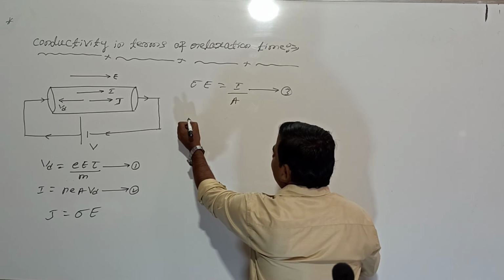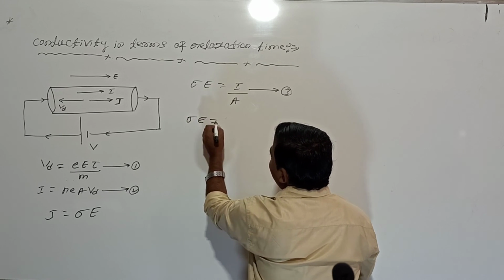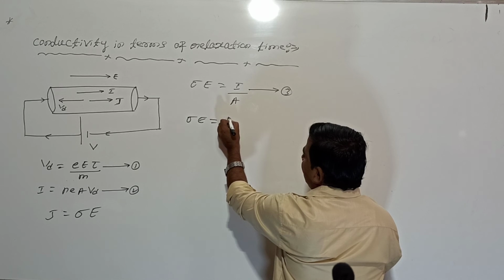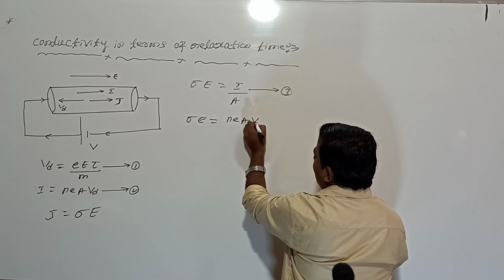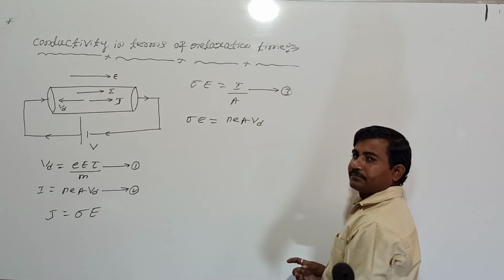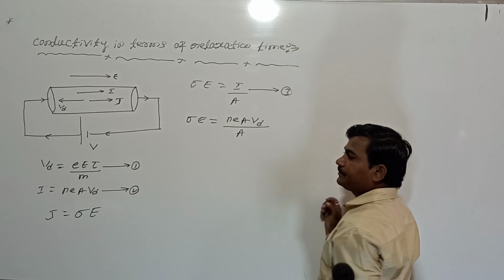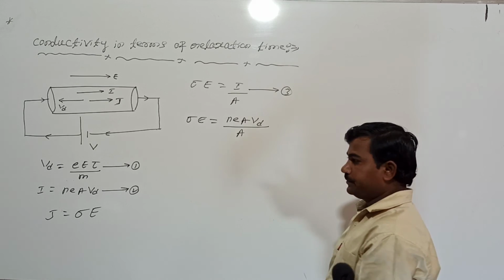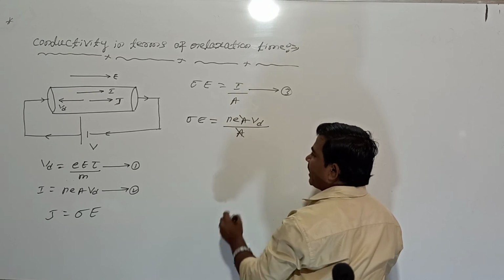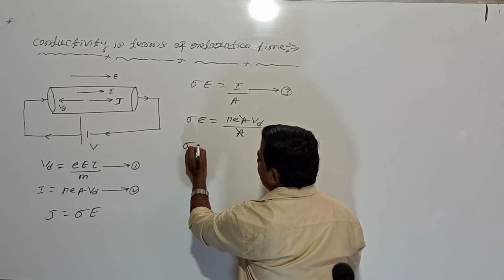Put this value here. Sigma into E equals how much current is available? n e A Vd, the whole divided by area. This area gets cancelled. What is remaining?